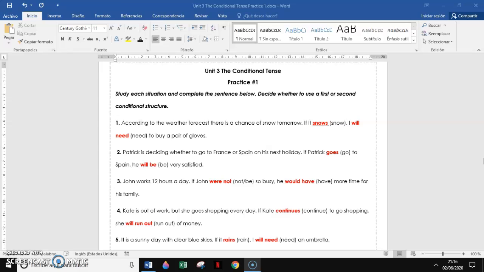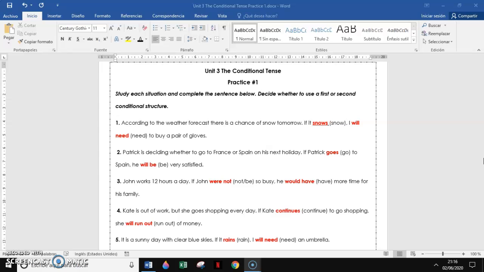But in Unit 3, we only looked at the first and the second conditional. We use the first conditional to talk about situations that are likely to happen, real situations, probable situations.